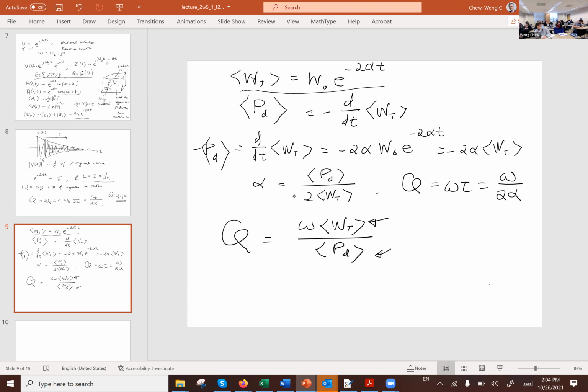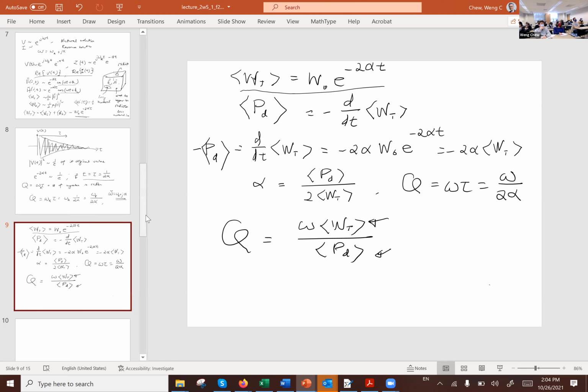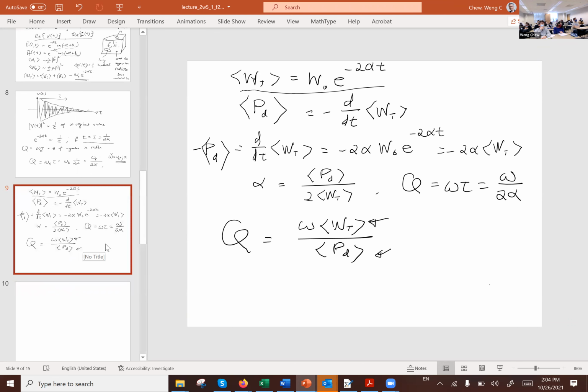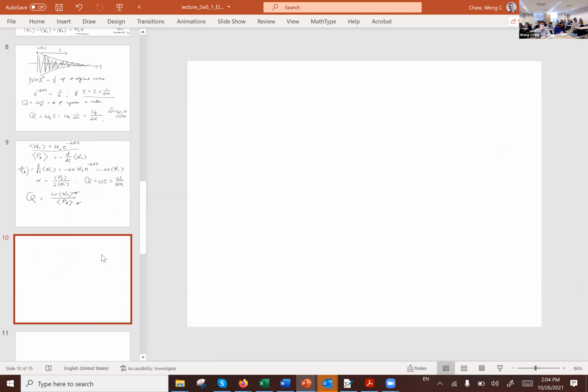Okay. So Q is a very important concept, especially to experimentalists, because you see this kind of behavior all the time in the laboratory: a system is never in perfect resonance, it's always in the mode of lossy resonance.